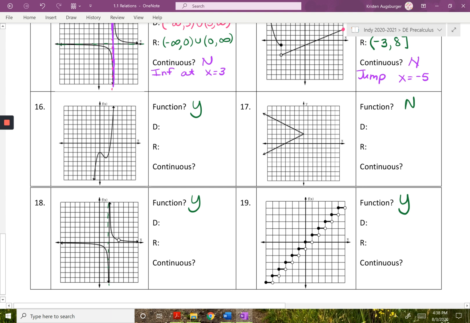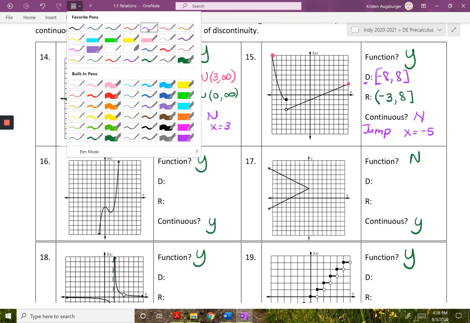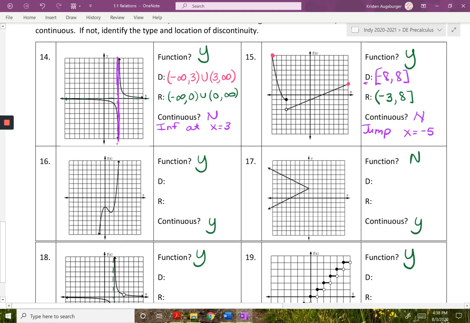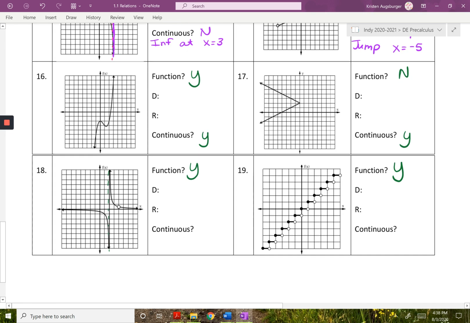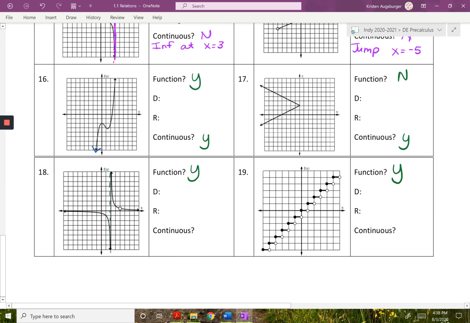Run through 16 and 17. Looking at these, you can continue. Not once do you need to pick up your pen to draw. Use interval notation, because I did specify interval notation. So it goes to infinity.